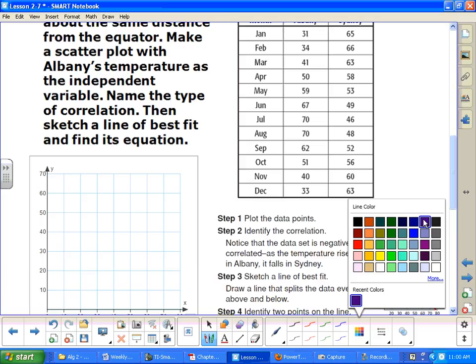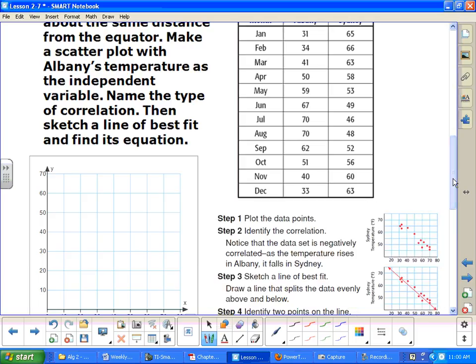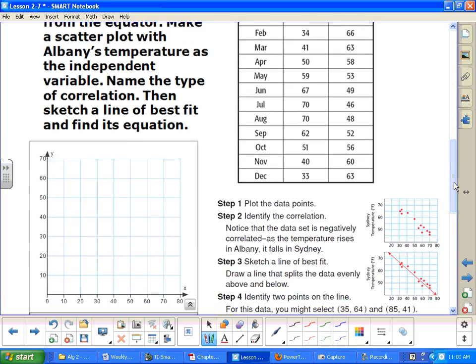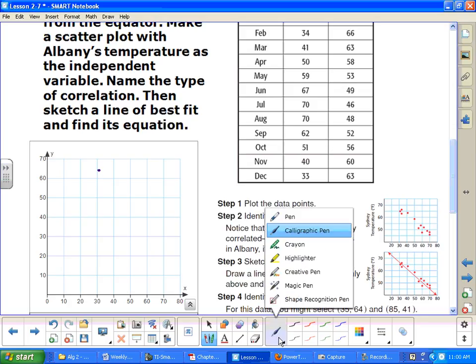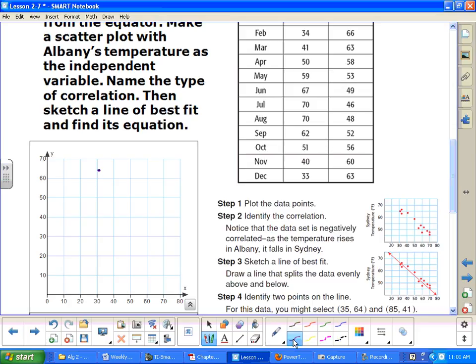So now we plot our points. We've got the point 31, 65 as our first one, so 31, 65 about here. And 41, 63.